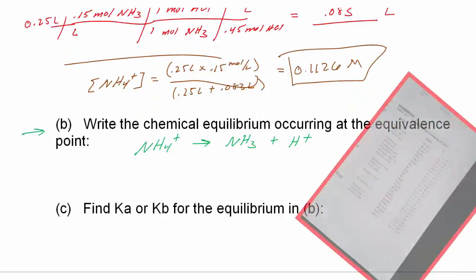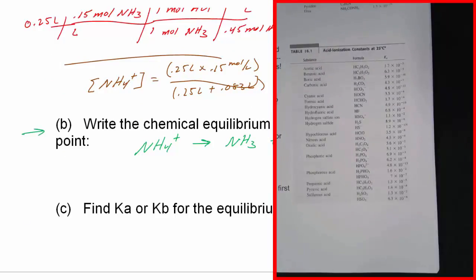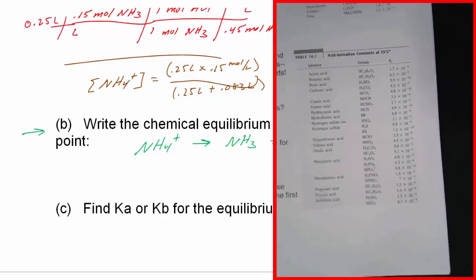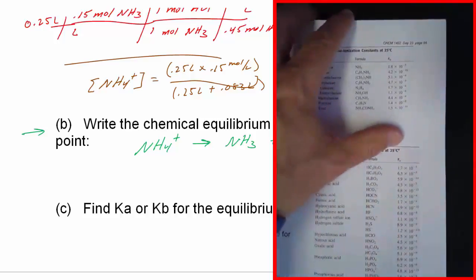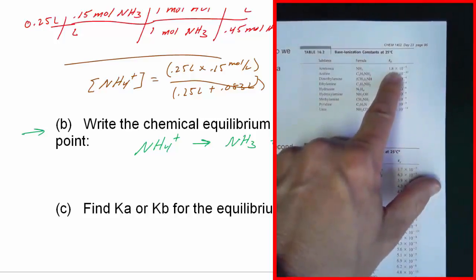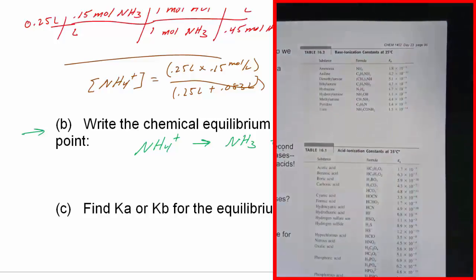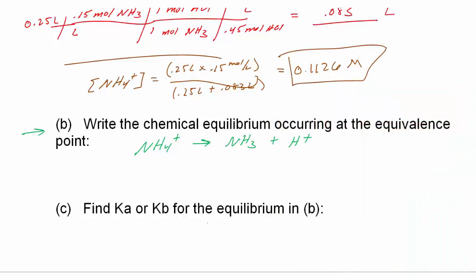Find the Ka or Kb for that equilibrium. So we have to go to our tables. For ammonia, Kb is 1.8 times 10 to the negative 5. So Ka is Kw all over Kb, 1 times 10 to the negative 14 divided by 1.8 times 10 to the negative 5, the Kb for ammonia.